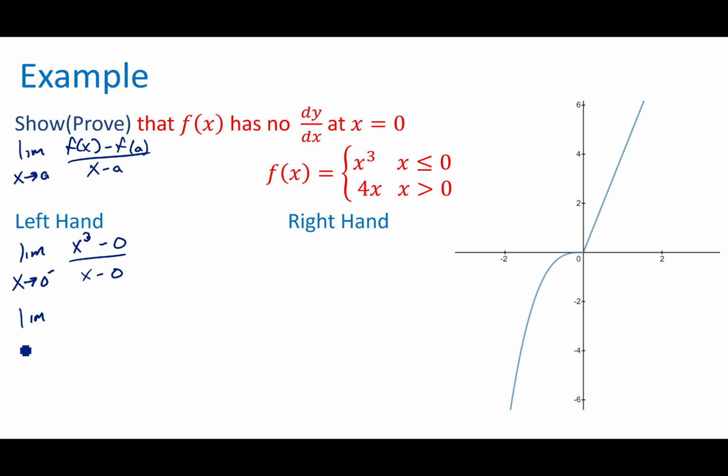So we can say our limit as x approaches 0 from the negative side of just x cubed over x, which we can simplify to just be x squared. When we evaluate that limit, we get 0. So my derivative from the left-hand side, which is the same as my slope, equals 0.